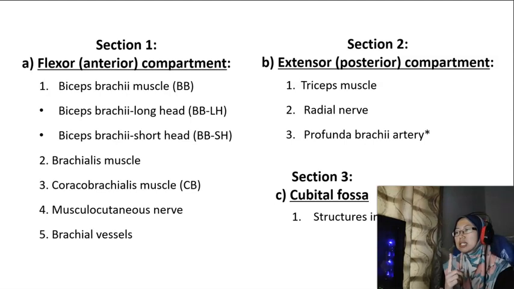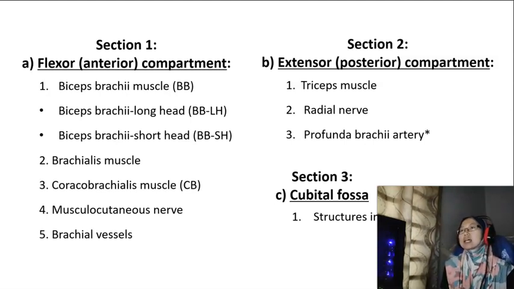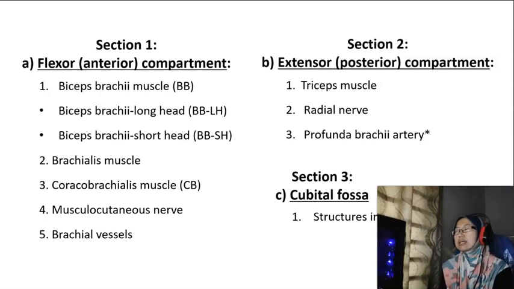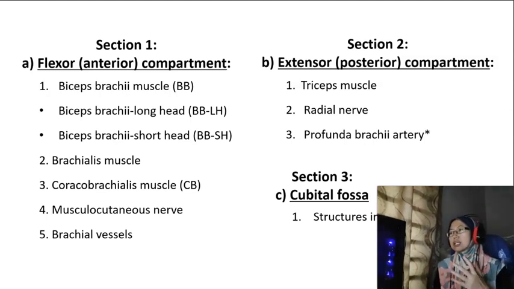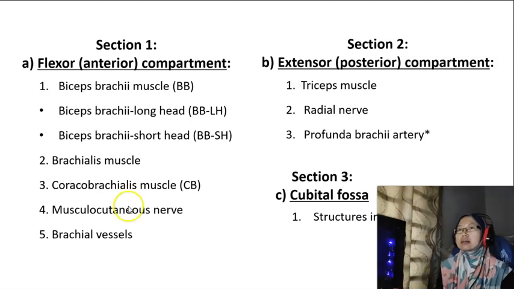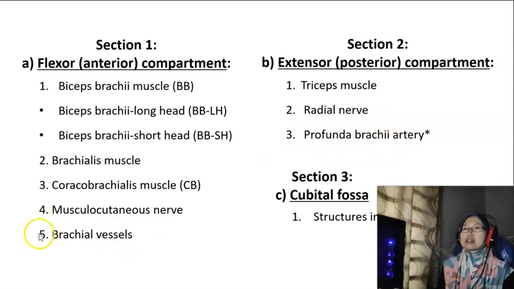For the second section, we will study about the posterior compartment of the arm, which consists of only one muscle, which is the triceps muscle, and one radial nerve. Posterior, you have the radial nerve, and also the profunda brachii artery. Actually, profunda brachii artery, or the other name is deep brachii artery, is a branch from the brachial artery.